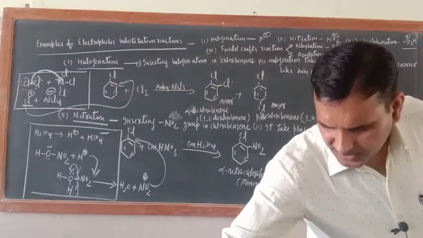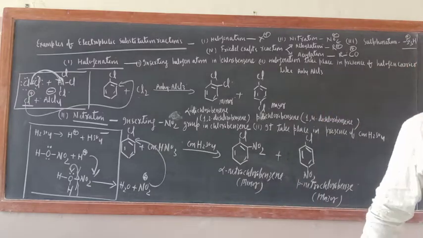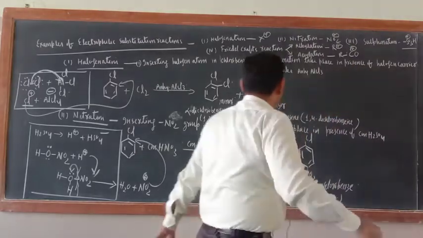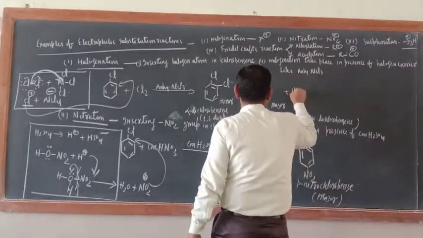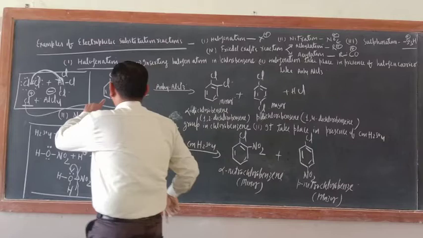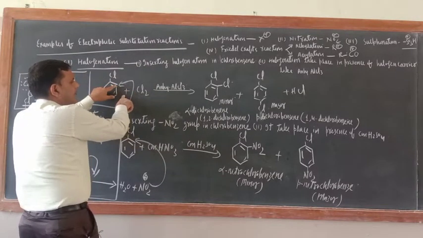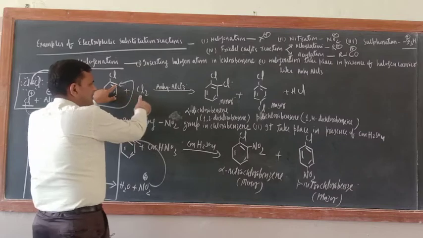Next one is sulfonation. In sulfonation, which is the electrophile? SO3H. Now in both cases, just try to understand, plus HCl here. Why? Because when this Cl is attached here, one H will come out, and that H and Cl make HCl.